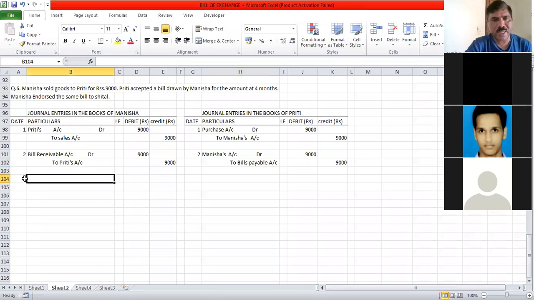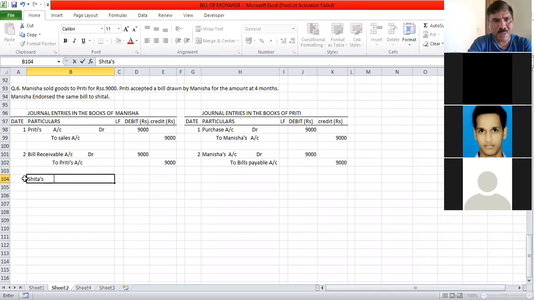Who is the endorsee in this case? Sorry, Sheetal is the receiver. Sheetal is the endorsee. She is the receiver of the bill, isn't it? Yes, sir.